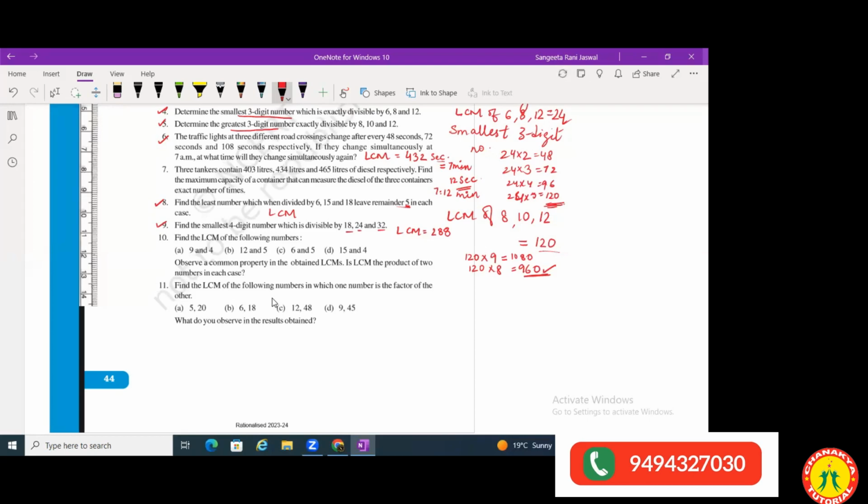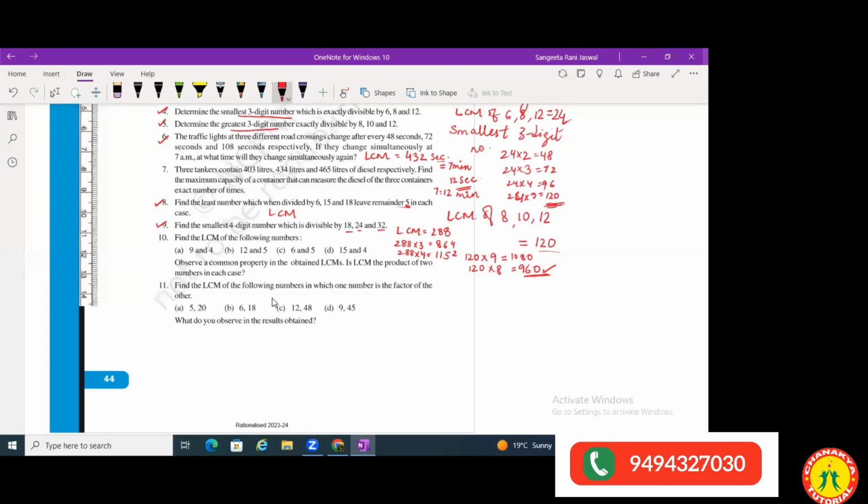Now you will find the multiples of 288, which can give you the smallest 4-digit number. So if I try this with 288 into 3, this will give me 864. Ma'am, but we are finding the smallest 4-digit number.